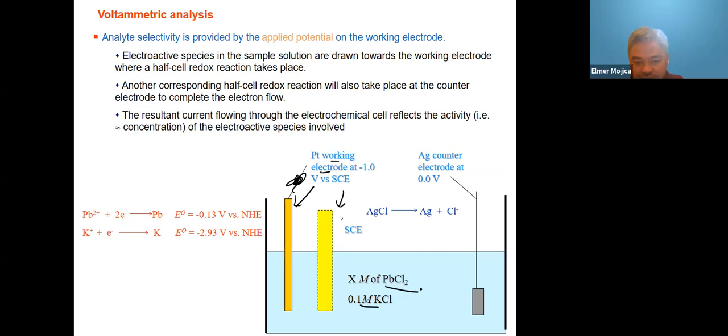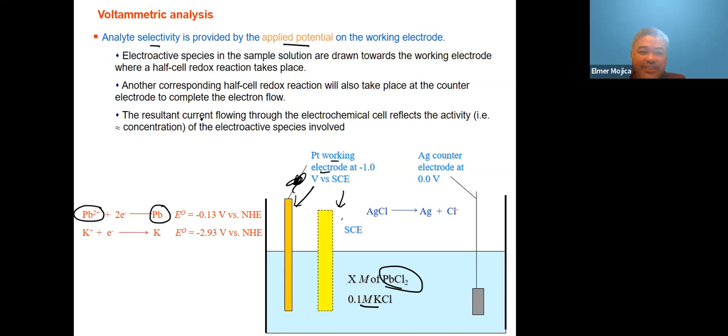And you're trying to determine the amount of Pb2+ in the solution. Okay? So what happened there? Madidetermine mo yung Pb2+ by providing the applied potential on the working electrode. What does it mean? A certain analyte would have a certain potential wherein yung Pb2+ mo mako-convert sa Pb.